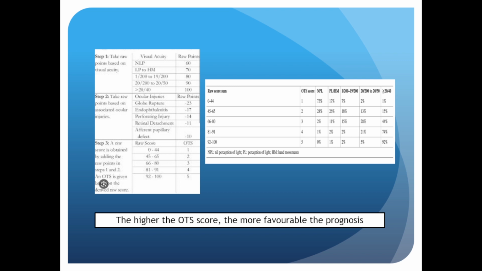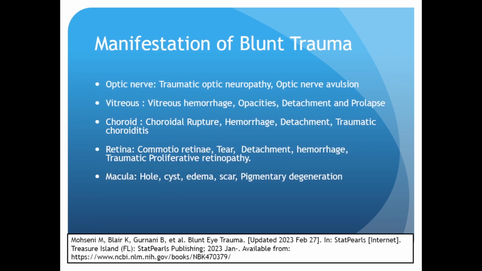Accordingly, we subtract these negative raw points from the visual acuity points, and finally we get a raw score. If the raw score falls in 0 to 41, the ocular trauma score will be 1. The higher the OTS score, the more favorable the prognosis. The OTS score is only done to get a prognosis after intervention, to know how much vision the patient can get. On that basis, we calculate the ocular trauma score.